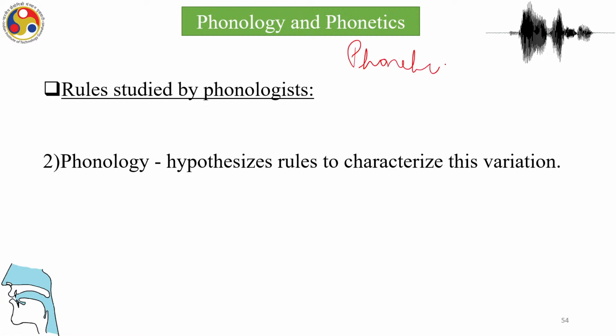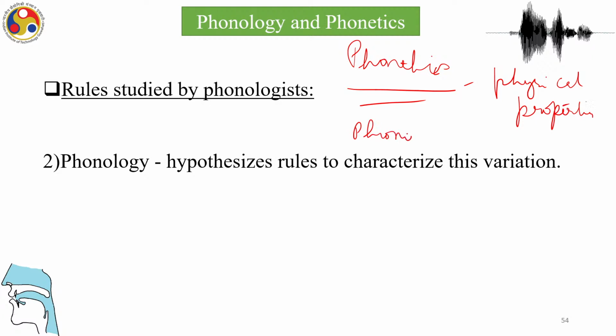I guess I do not need to repeat this, but phonetics is about the physical properties, and phonology, on the other hand, is about mental representations. Hence, there is a difference between the way we talk about them, more and more we see that in the literature, in the way that we conduct experiments.